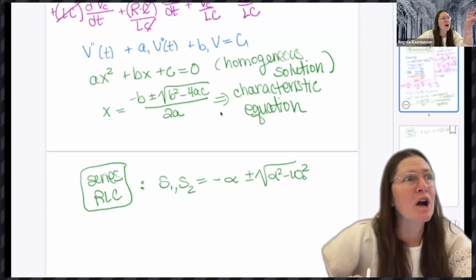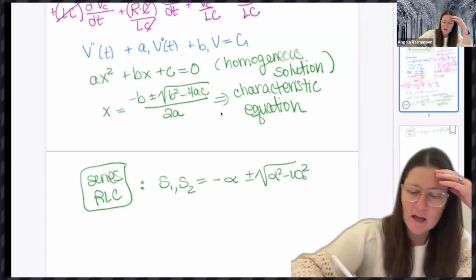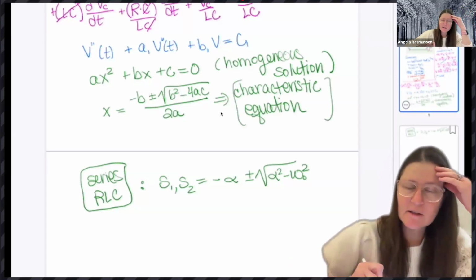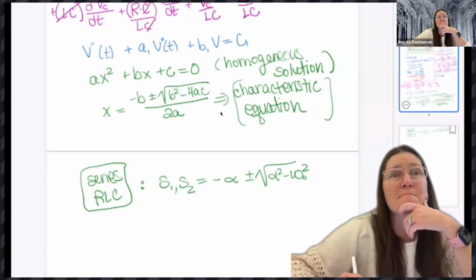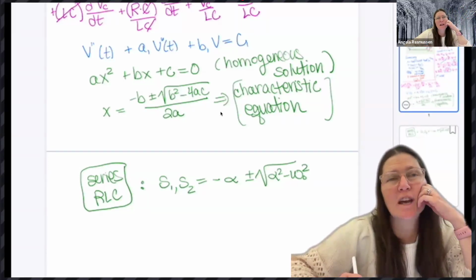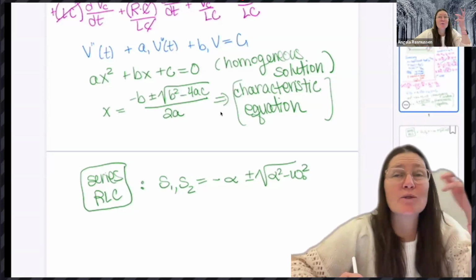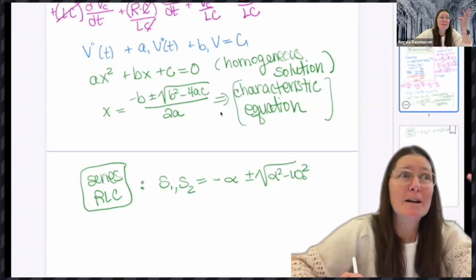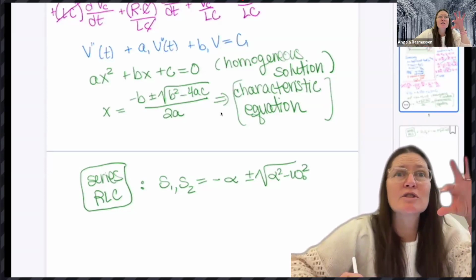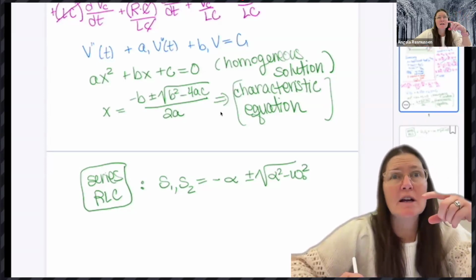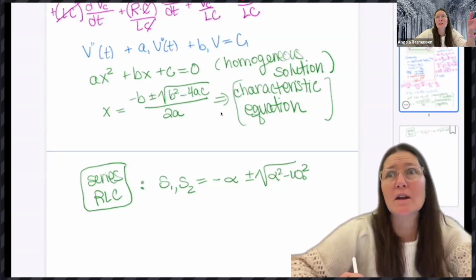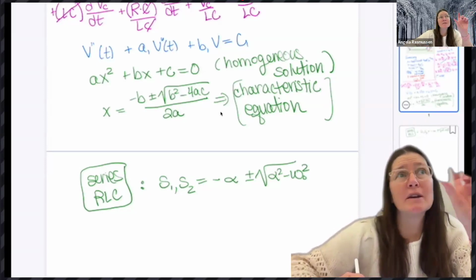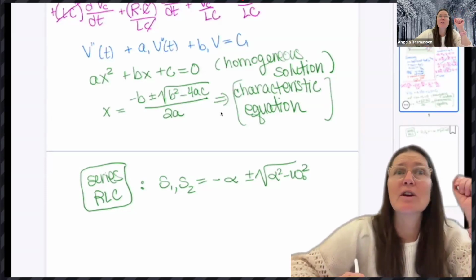Those are the three options that you have, and those characteristics are going to show you what form this equation will take. So we're going to introduce now terms alpha and omega naught, where we can just look at the circuit, identify what alpha and omega naught are, and then based on those values, they're going to give us the characteristics of this.